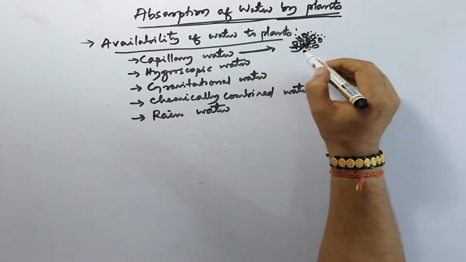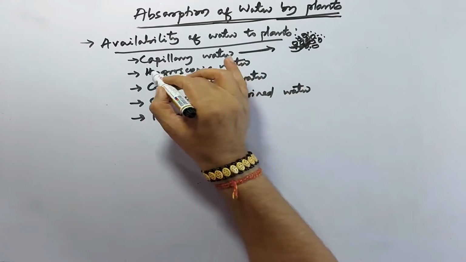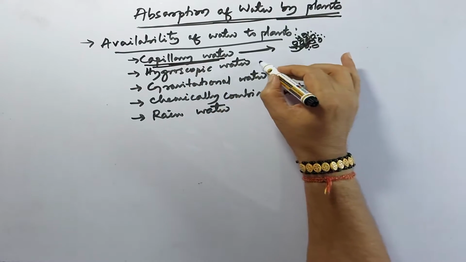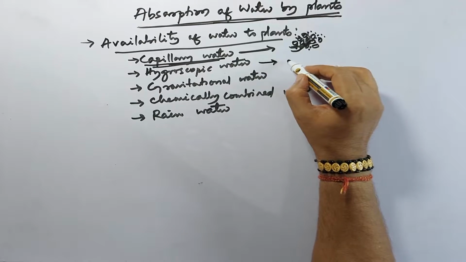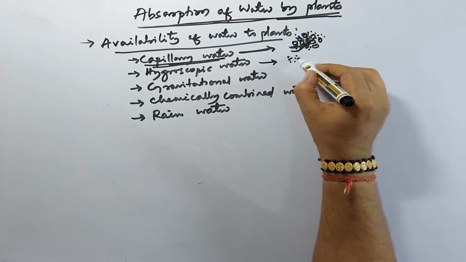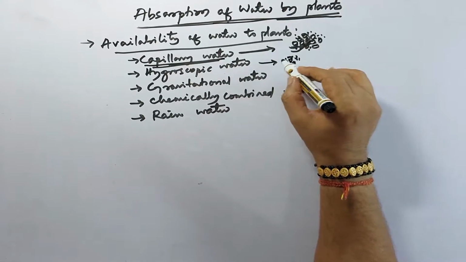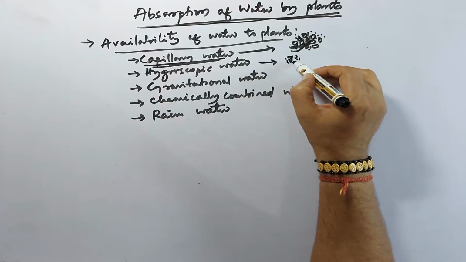So the main source of water is the capillary water. And hygroscopic water is the moisture added to the soil and very tightly bonded to the soil, so the plant cannot harvest this hygroscopic water.